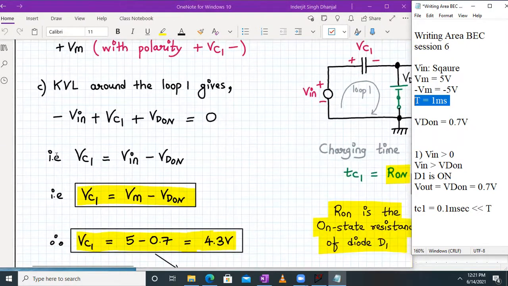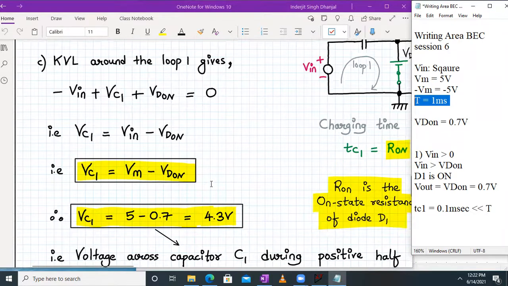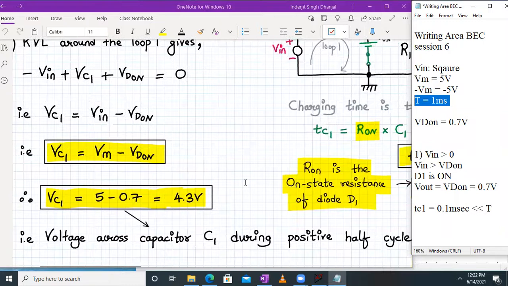So the voltage across the capacitor Vc1 will be equal to Vin minus Vd on. And in the positive half cycle, Vin is the same as Vm. So Vc1 will be equal to Vm minus Vd on.